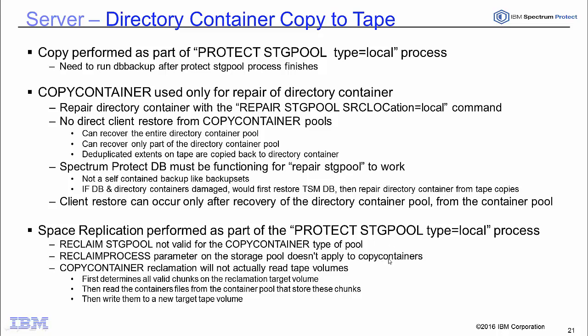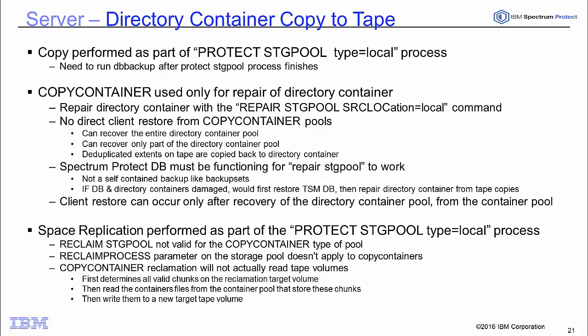And so with the copy containers, we determine all the valid chunks remaining on the tape, and then during the next protect storage pool command, we simply copy them off of the container storage pool out to a new tape, and then we free up the old tape. And this is nice because we don't have to mount and reread the original tapes in order to do reclamation.